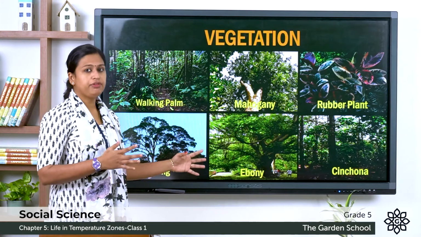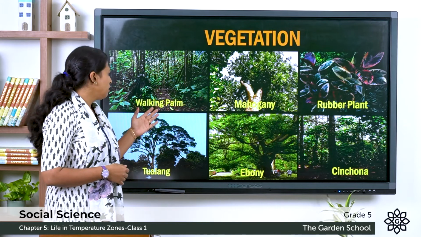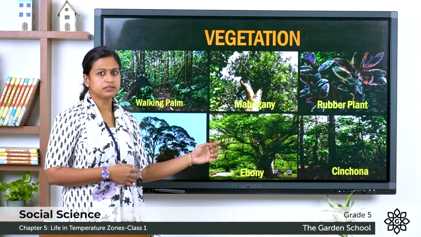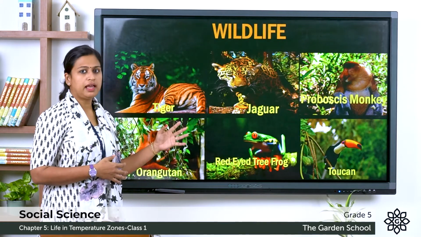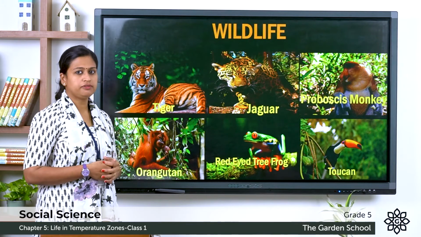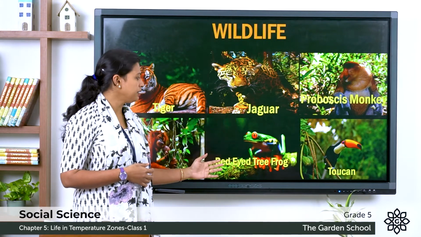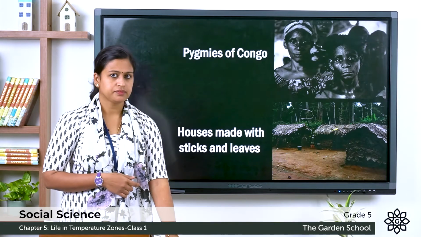Now, these are a few vegetations found in equatorial forest like walking palm, mahogany, rubber plant, ebony and so on. These are the wildlife found in equatorial forests like tiger, lion, jaguar, proboscis monkey, red-eyed tree frog, toucan and so on.